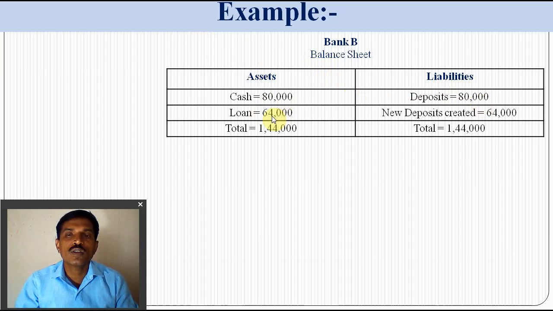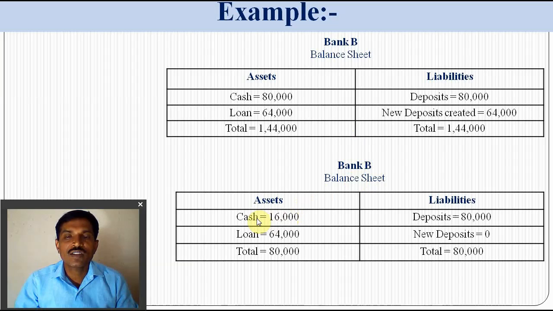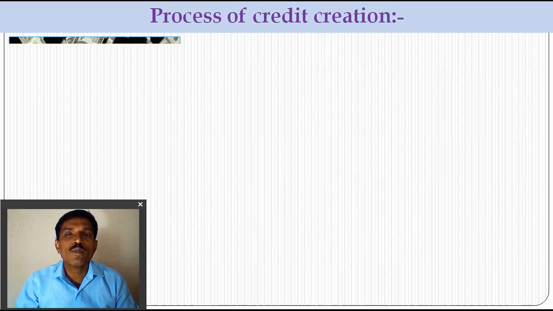The 20% amount will be the cash reserve ratio, and the remaining amount of 64,000 is available for loan. So in the bank B balance sheet, the 16,000 is the cash reserve ratio as per the 20%, on the deposit of 80,000 rupees by customer X. So 64,000 is available for loan to person Y, and this person Y deposits the money in the next bank.